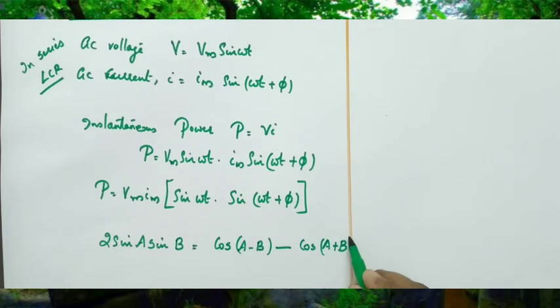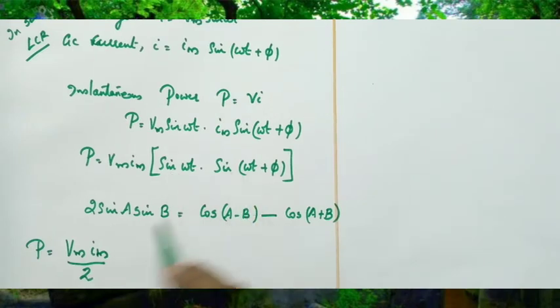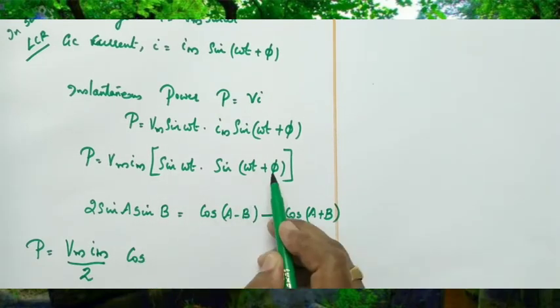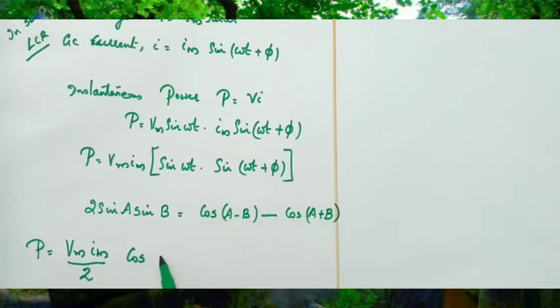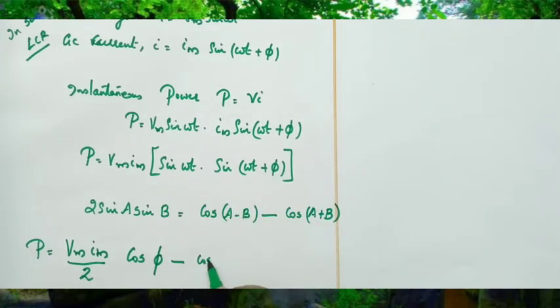Clear? So using this trigonometric function, we can write power P equals Vm Im. Here sin A sin B can be written as cos A minus B, that is omega t plus phi minus omega t, which is cos phi, minus cos A plus B, that is omega t plus phi plus omega t, that is cos 2 omega t plus phi.